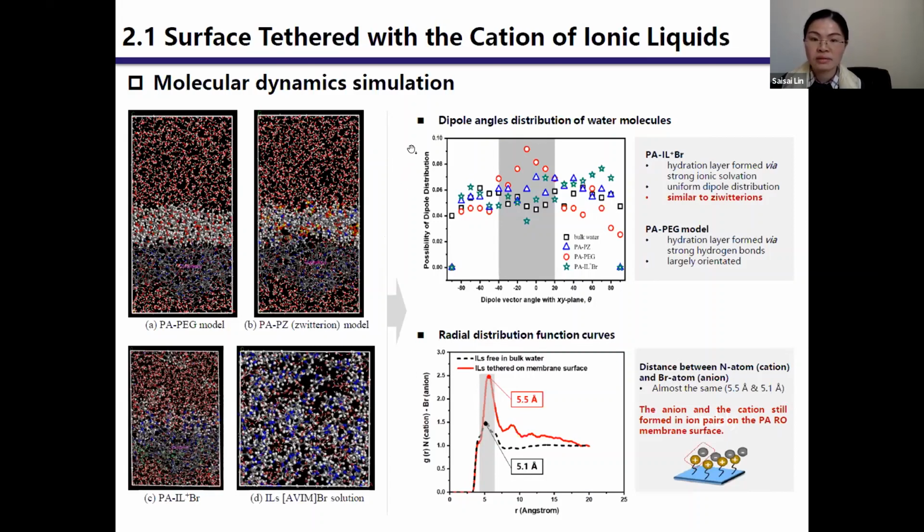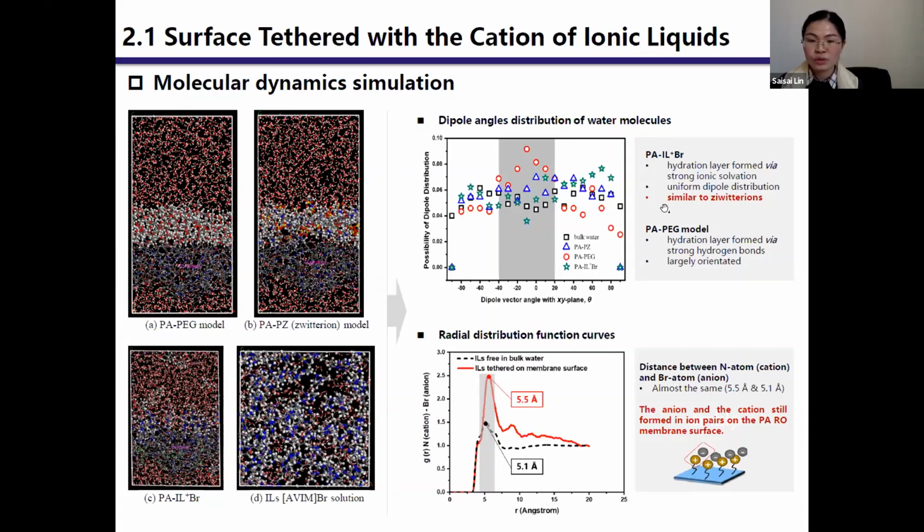First, we compared the dipole angle distribution of the water molecules in these 4 models. We can see that especially for the PA-IL membrane, that means the ionic liquid cation grafted PA surface, the hydration layer formed, you can see the dipole angles of the water molecules were very even and highly similar to the zwitterion surface and like the bulk water.